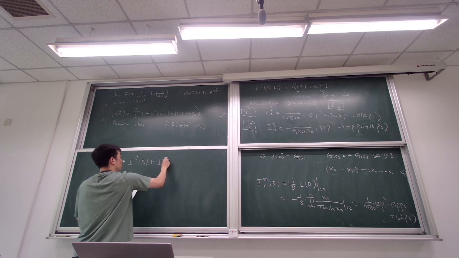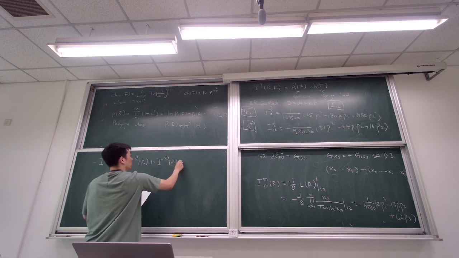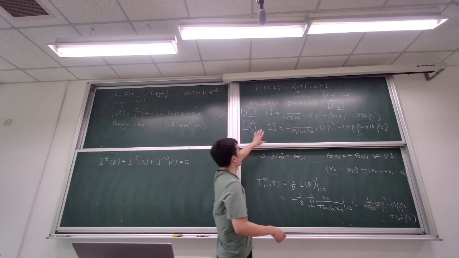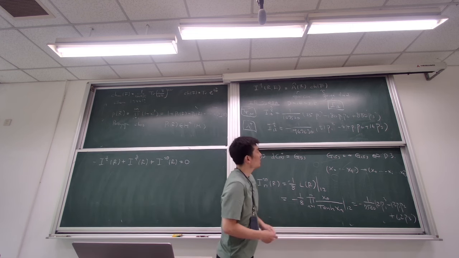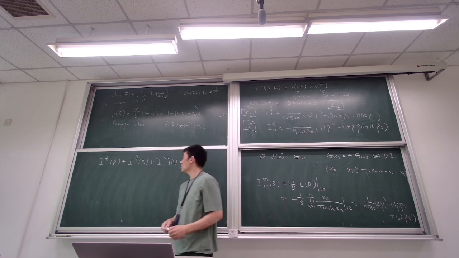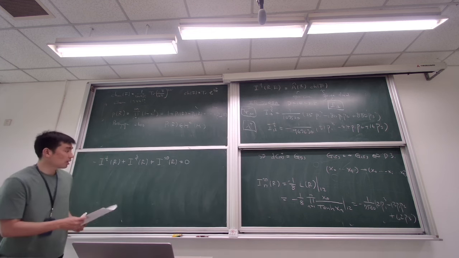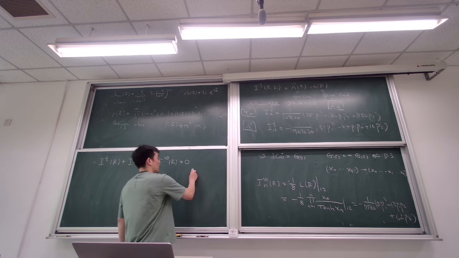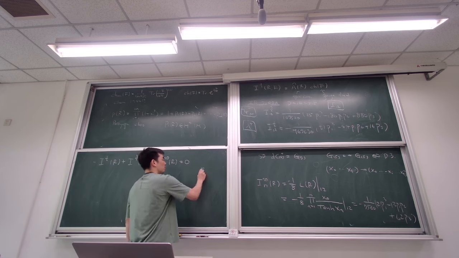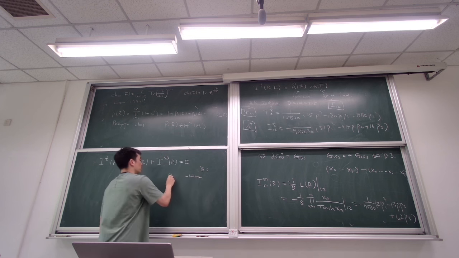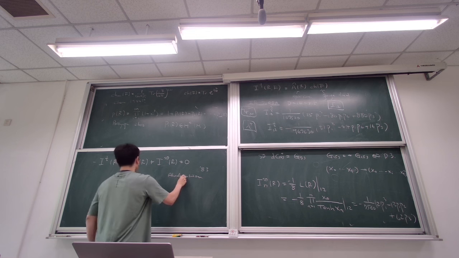The anomaly I of R is equal to 0. If you sum this one and this one minus this one, it turns out that this is equal to 0. So that's the Alvarez-Gaumé-Witten result.